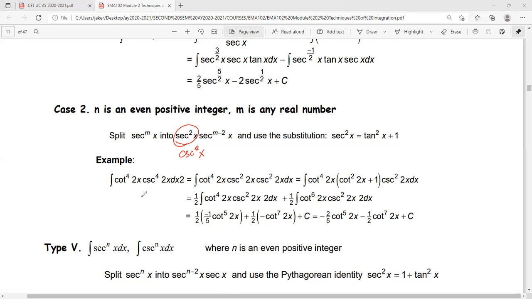So the secant squared that you set aside, or the cosecant squared, you took from the original function, will stand as the derivative of the remaining functions, as long as you make them into one single function, which has a derivative of the secant squared of x or the cosecant squared of x. Allow me to erase first so that it would be clearer, and then we go to the example.